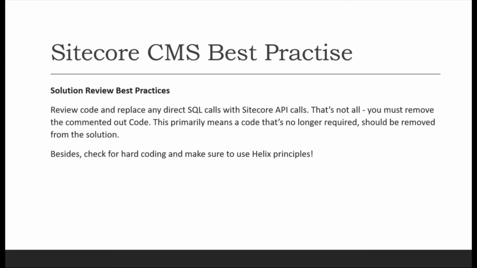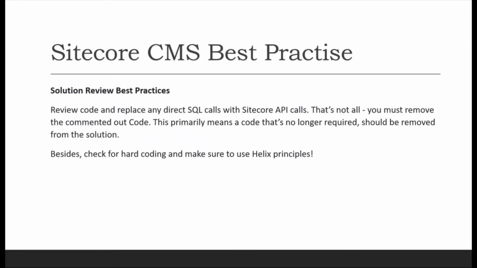It saves a lot of performance and will increase the performance of the CMS server. Also, you need to periodically remove unwanted commented code. You should not keep commented code in the solution. These are the standard practices CMS supports.